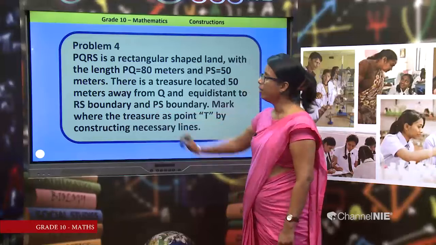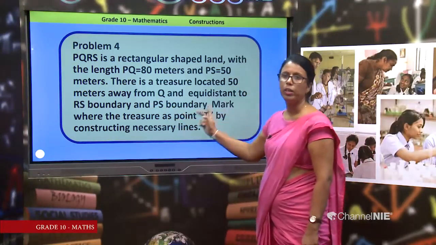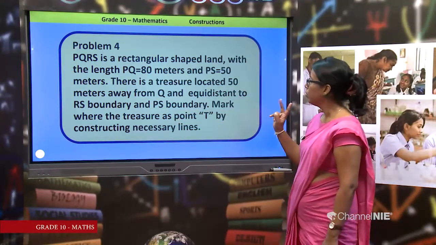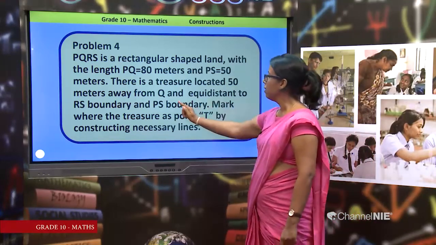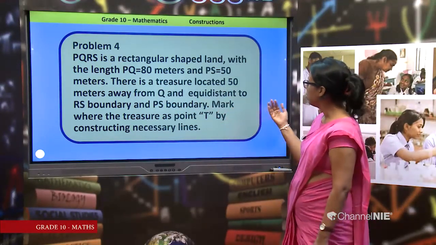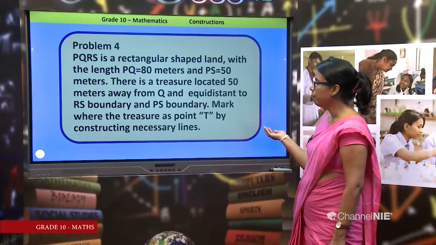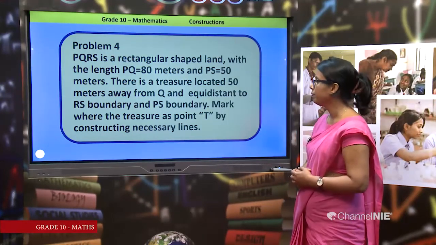But not only one line, 2 lines, the RS boundary and PS boundary. So, what is the common point S? So, that can be the angle bisector. Mark where the treasure is as point T by constructing necessary lines.